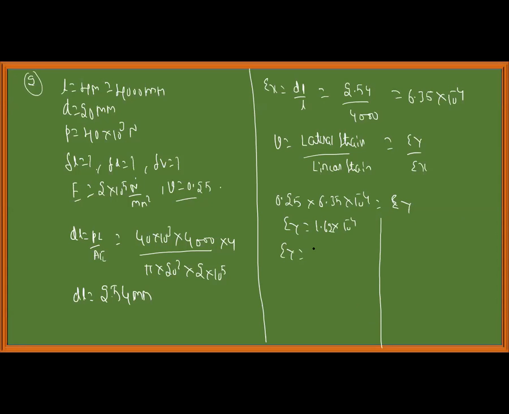Epsilon y is a lateral strain, delta d by d. So 1.6 into 10 power minus 4 into original diameter, which is 20 mm, gives delta d. Can you tell me what is delta d? 3.2 into 10 power minus 3 mm.